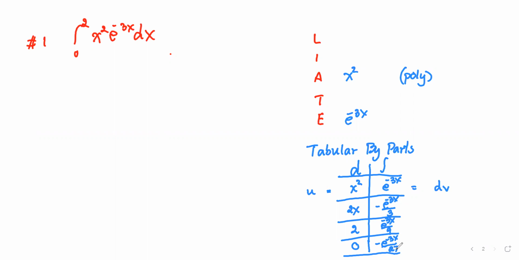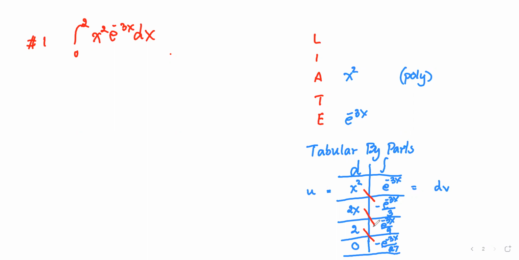Okay. After you complete the table for the tabular bypass, how do you use it? You're gonna do the multiplication from the left row to the lower right row in the next column.